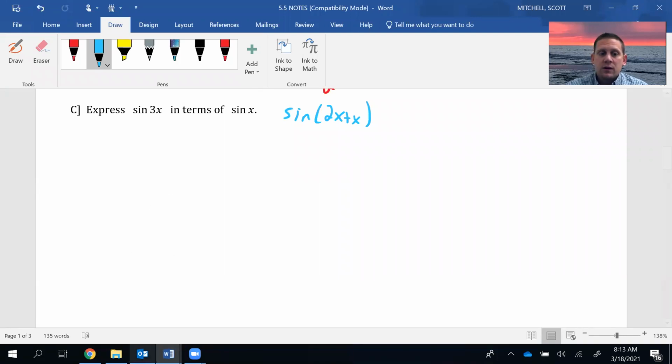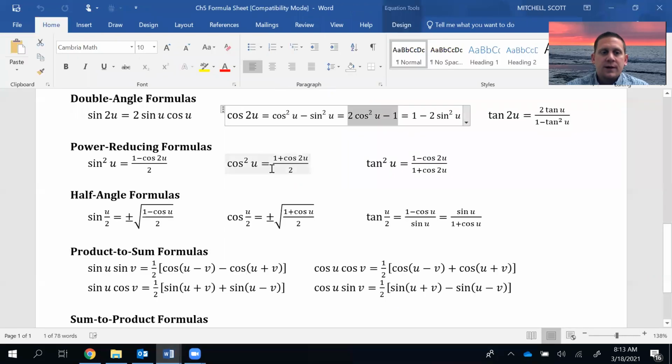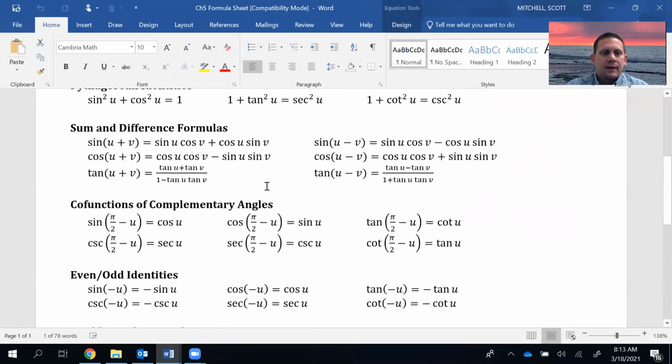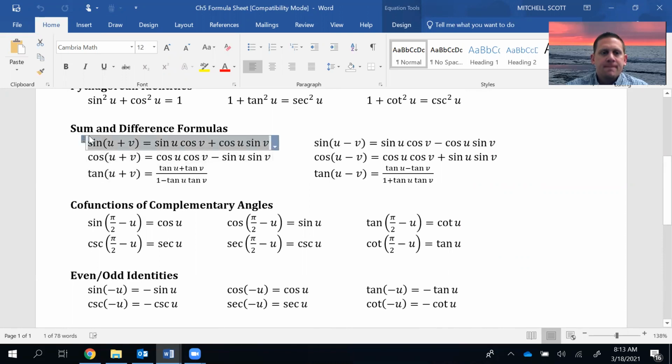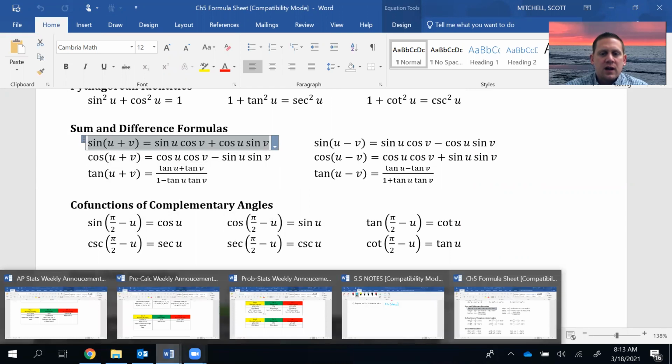Okay, so if I go to my formula sheet, and here's the sum and difference formula. Okay, so we want to try to use this formula here. Okay, so we're going to have the sine, cosine, sine, or cosine, sine.